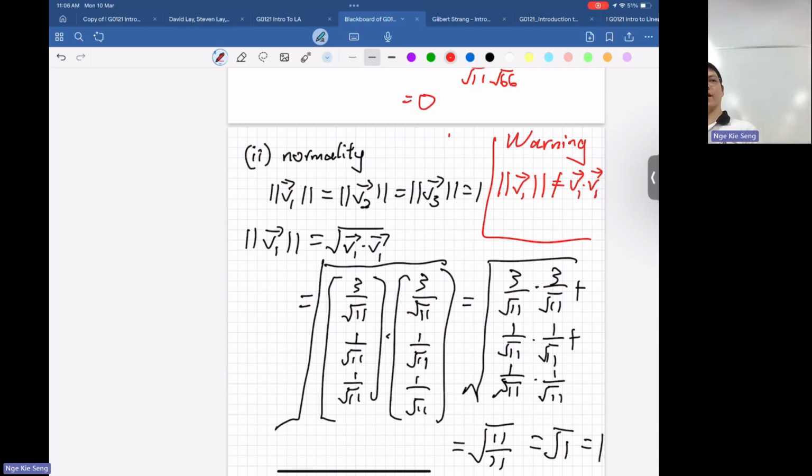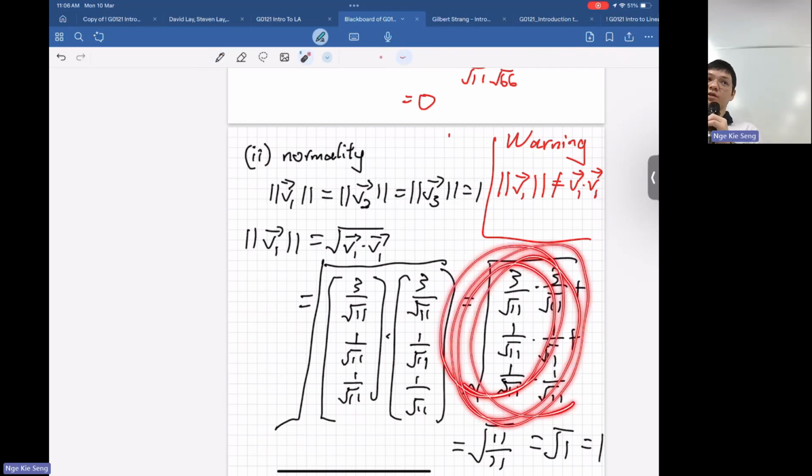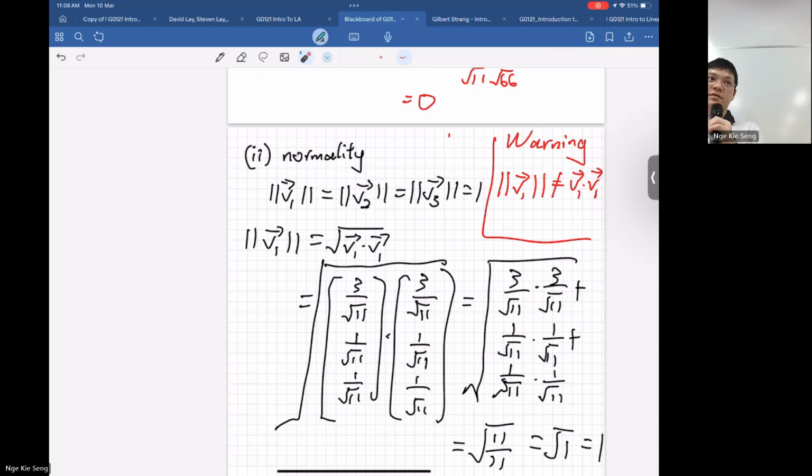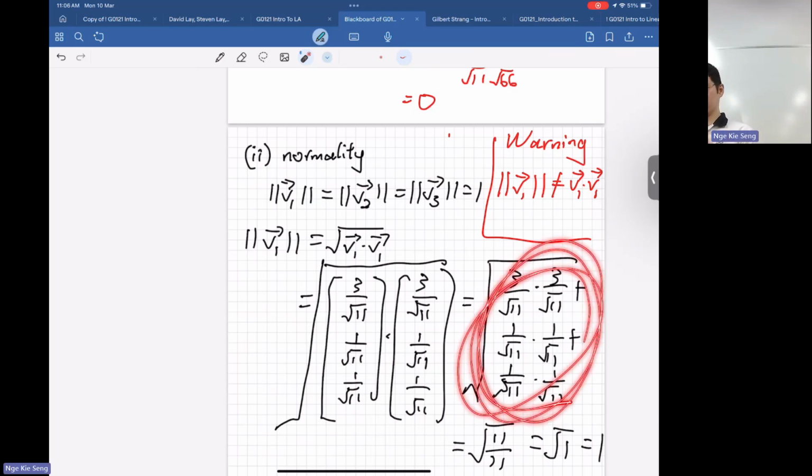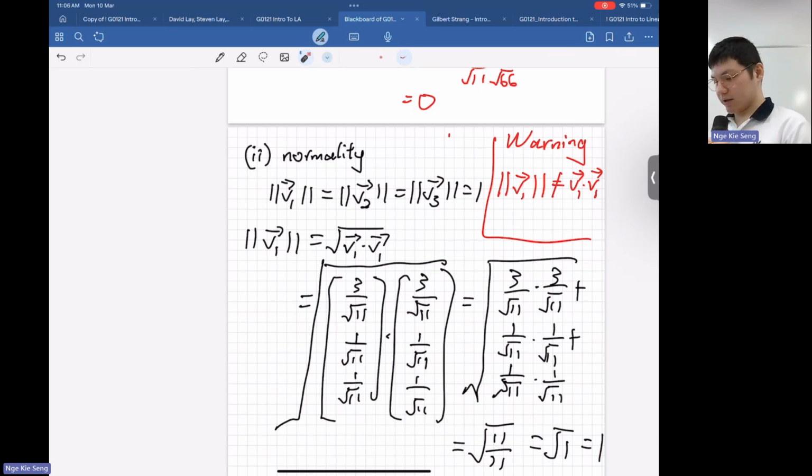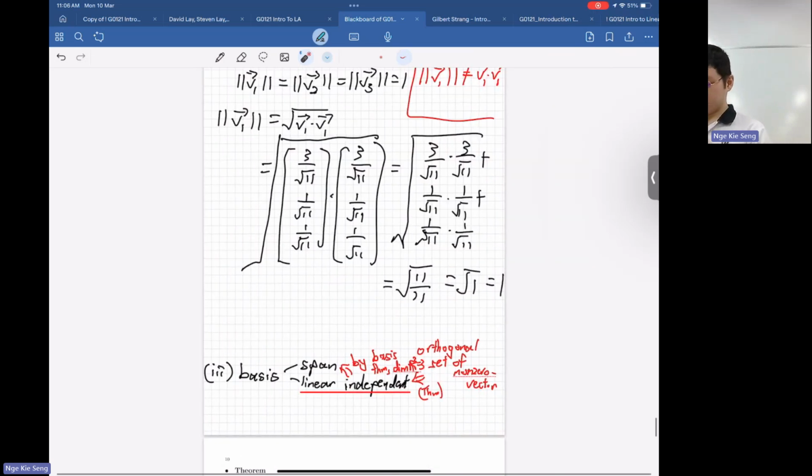Please don't forget this square root. 不要忘记这个开根号。 Because you need to remember that in this calculation you're going to multiply your denominator twice. If you forget the square root, then you will have a big problem.